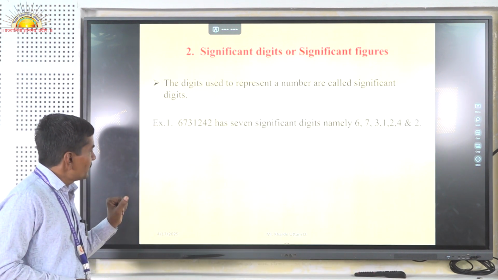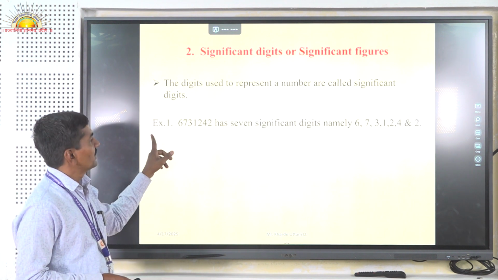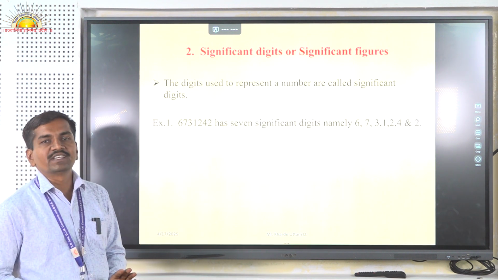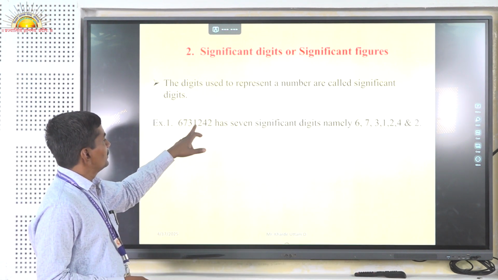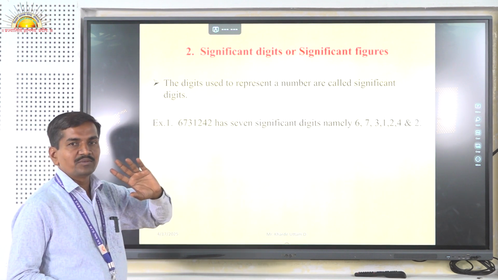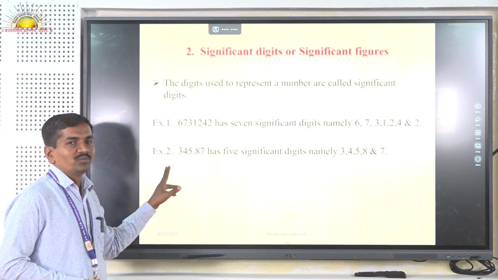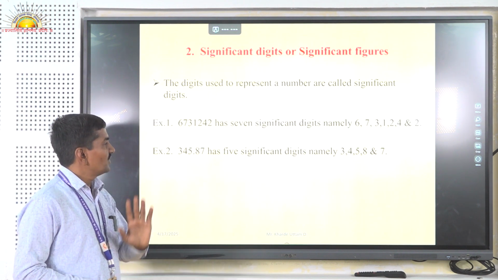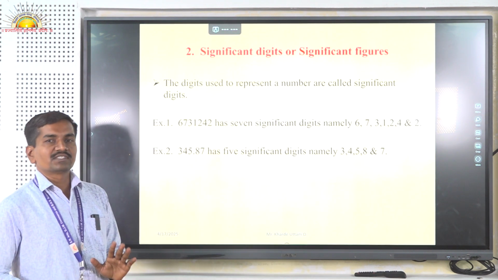For example, the number given in example number 1 has 7 significant digits, namely 6, 7, 3, 1, 2, 4, 2. In this number 2 is repeated 2 times, and it is also a significant digit. In example number 2, the number has 5 significant digits, namely 3, 4, 5, 8 and 7.